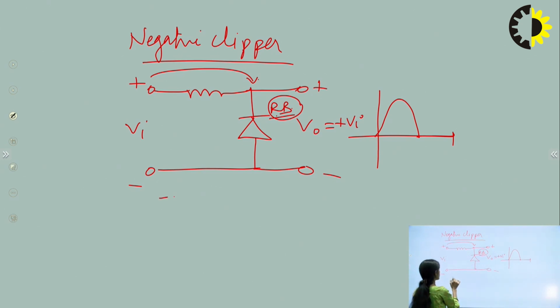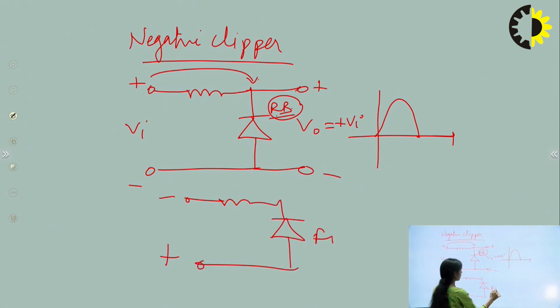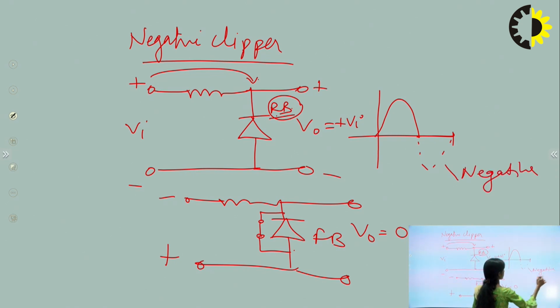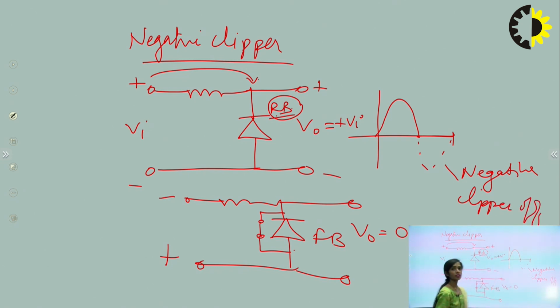But as soon as we take the negative cycle, this diode will be forward biased, and in forward bias, this diode acts as a short path, and for the short path, output voltage will be 0. That's why the negative cycle will be clipped off. This is called the negative clipper. So this is the basic concept of the parallel clipper.